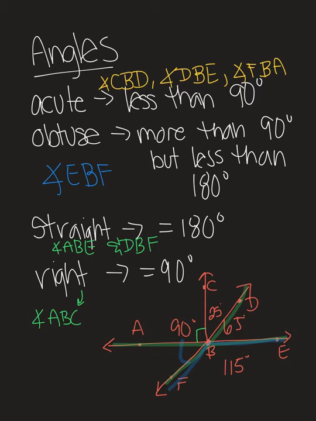So let's just call this angle X. If I want to know what angle X is, if you notice here that angle X plus this angle FBE should give me a straight angle of 180 degrees. So that means that they are supplementary. So to find angle X, you could do 180 minus 115, and you'll get that little X of 65 degrees.